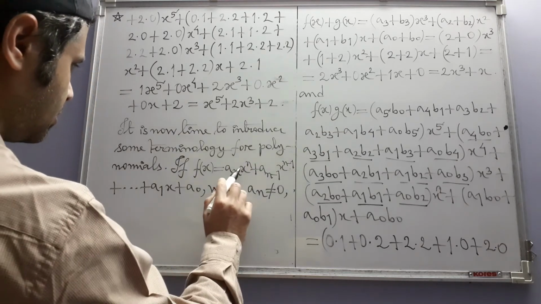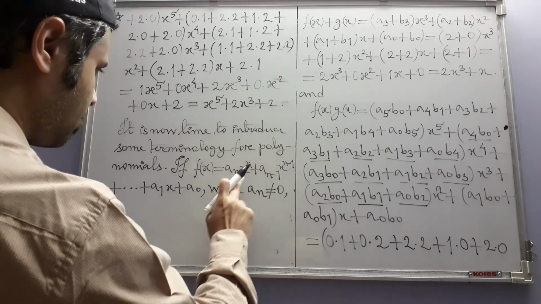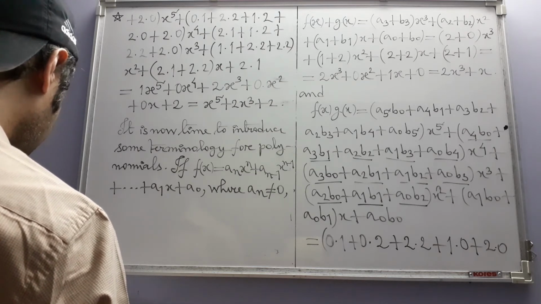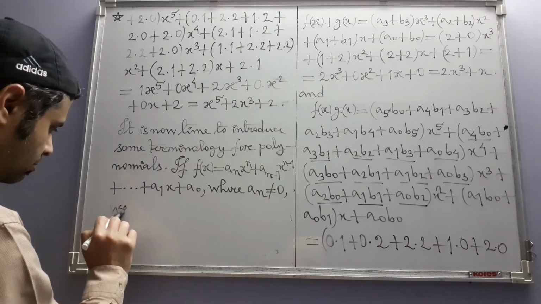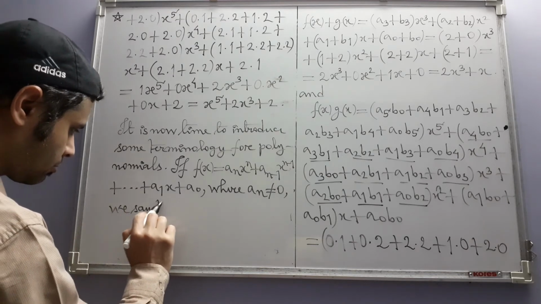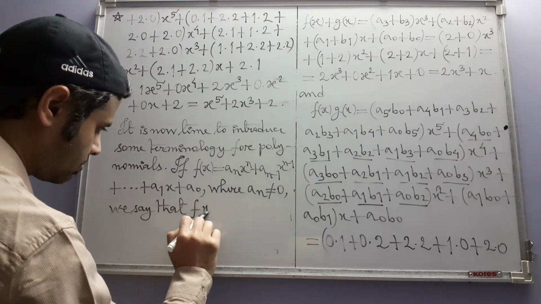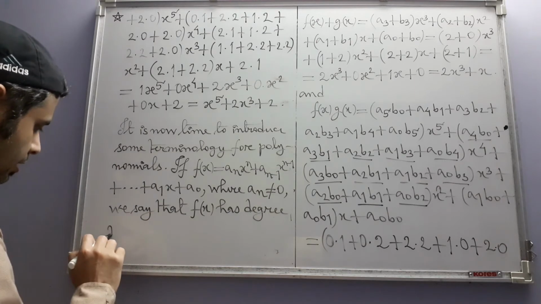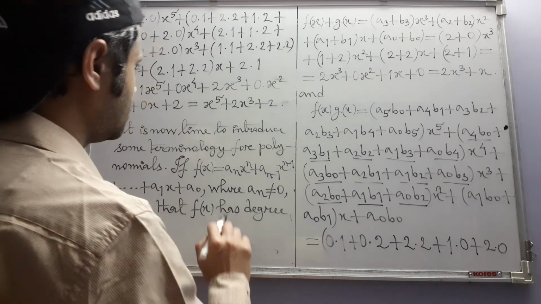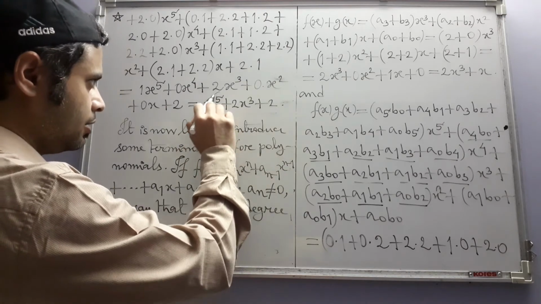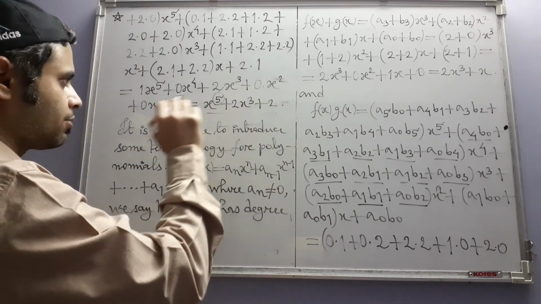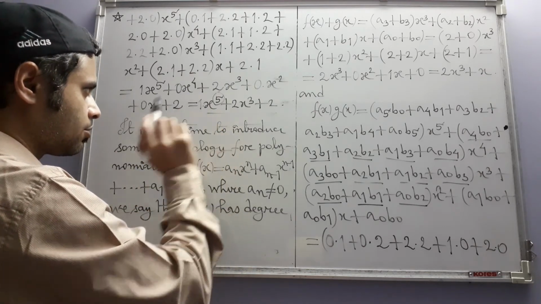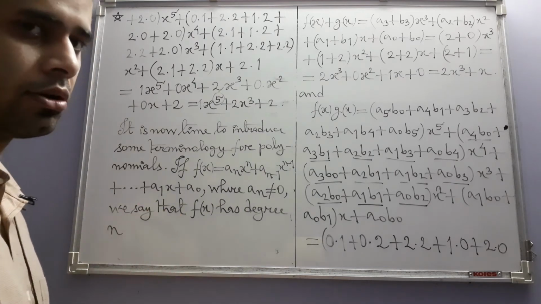Okay, in that sense, an is the coefficient of the highest power of x, and if that coefficient is non-zero, we say that f of x has degree n. So that means this polynomial has degree 5, because 5 is the largest exponent such that in the corresponding term the coefficient is non-zero.